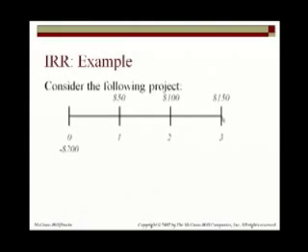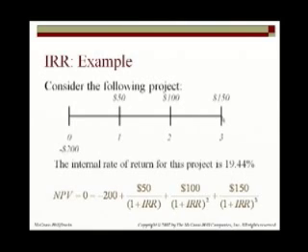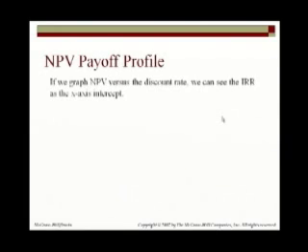At time 1 we get 50 back, at time 2 100, and at time 3 150. The internal rate of return of the project is 19.44%, and it's found by solving that problem. In other words, the present value of the cash flows minus the cost is equal to 0. And that internal rate of return, in this case 19.44%, makes that thing add up to 0. That is the internal rate of return.